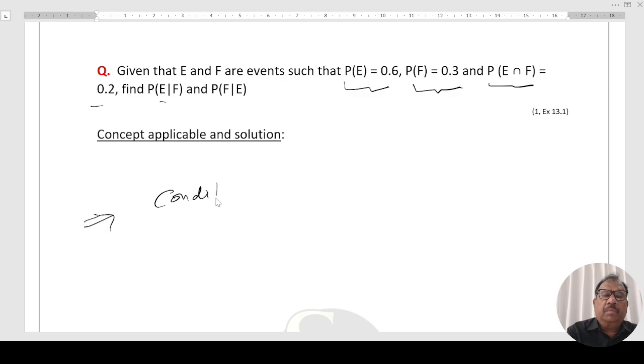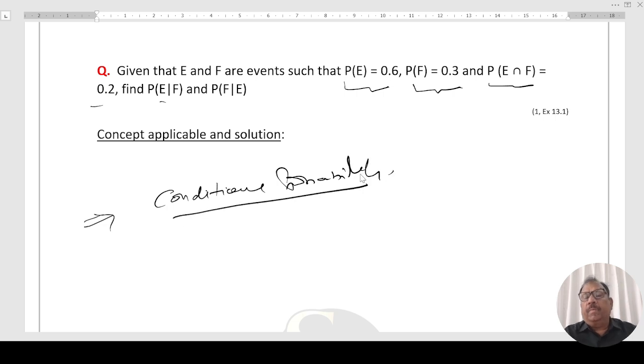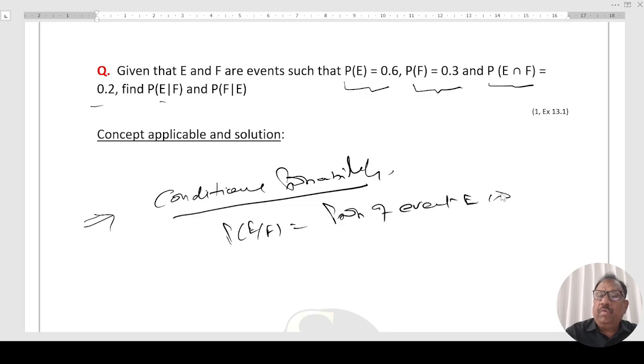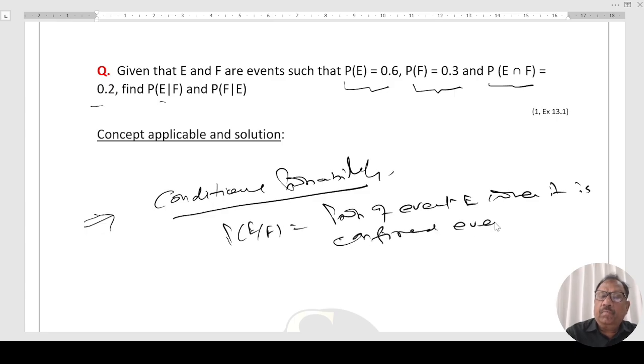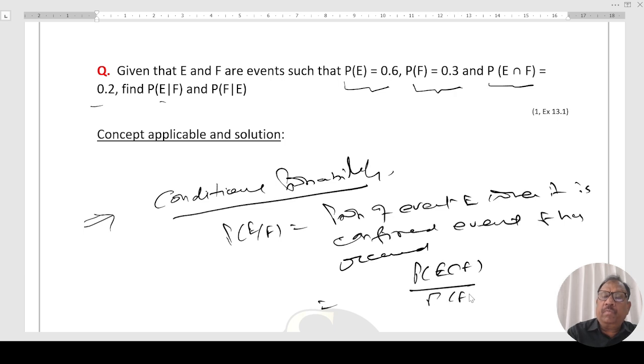Conditional probability. P(E|F) is the probability of E when it is confirmed that event F has occurred, and that is equal to P(E intersection F) upon P(F).